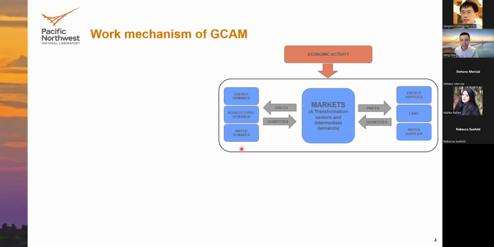On the next slide, I want to briefly introduce the working mechanism of the model. As I have mentioned, the model currently has several major sectors, and in those sectors we have different service or goods products. For each of those services and goods, there is a market associated with it. The demand in each of those markets, for example in energy, agriculture, or land, is mainly driven by socioeconomic factors, for example GDP and population growth.